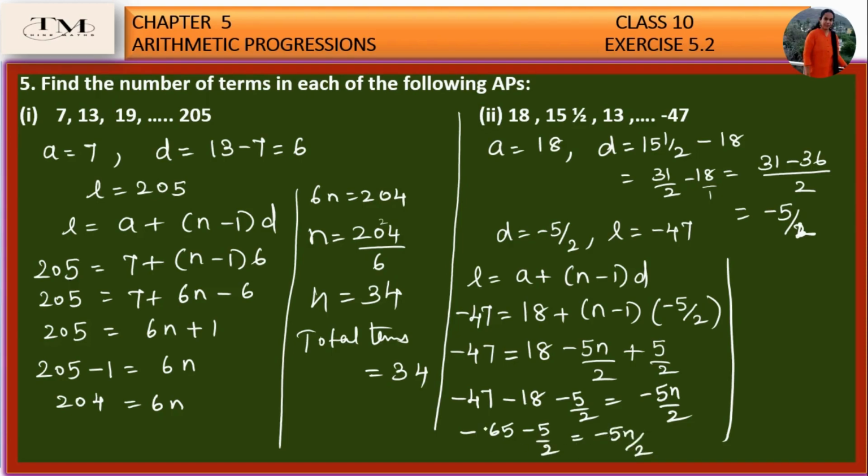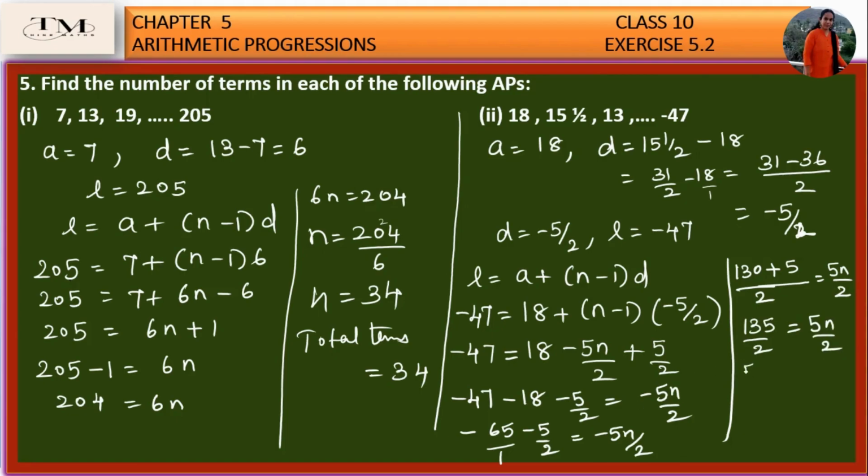Throughout we have a negative sign, so everything will become positive. Taking 2 as LCM, cross multiplying 65 into 2 is 130, plus 5 into 1, 5. All the negatives will be cancelled, everything will be plus. So 130 plus 5, 135 divided by 2 equal to 5n by 2.